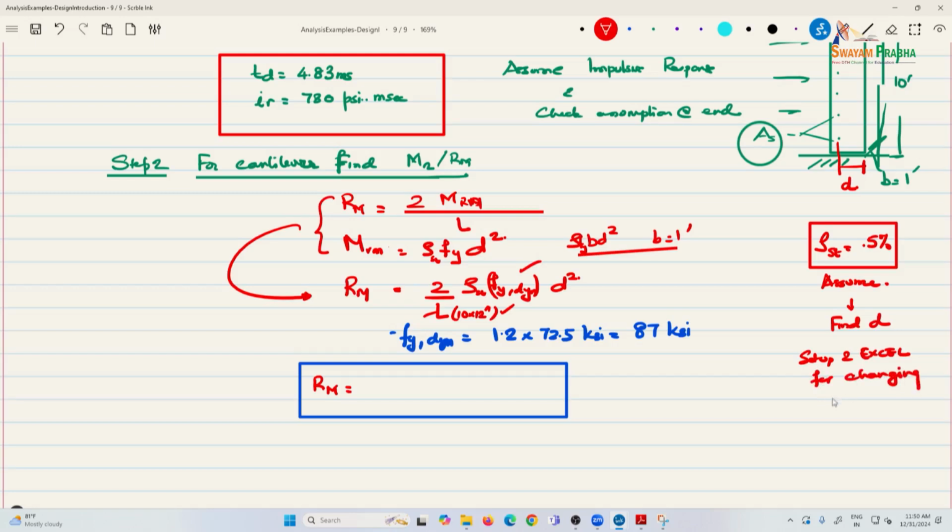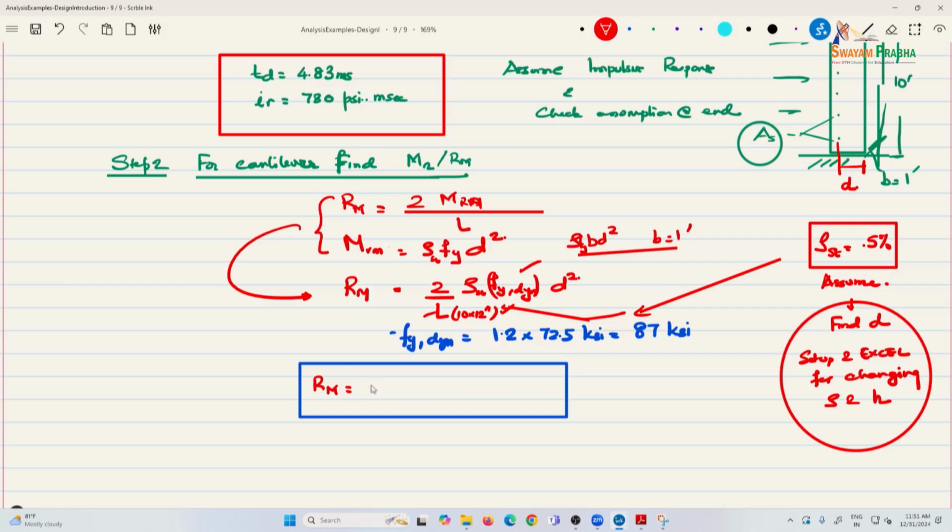You can use this procedure for changing rho and h and finding h. So you can use an iterative procedure. So here we are starting with assuming rho of 0.005.